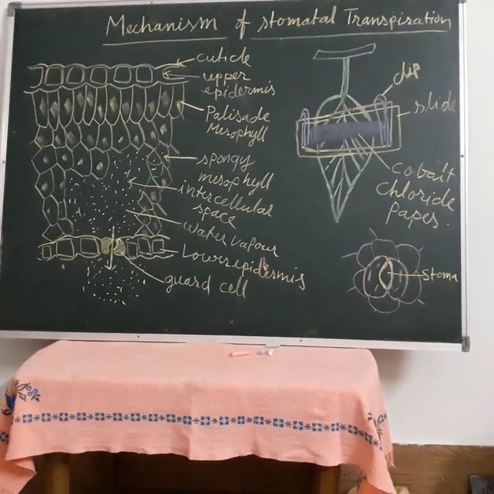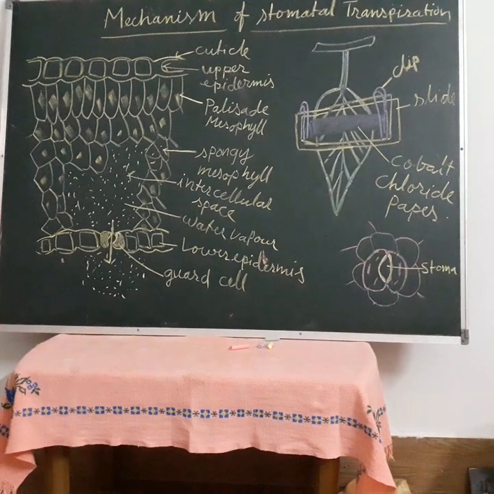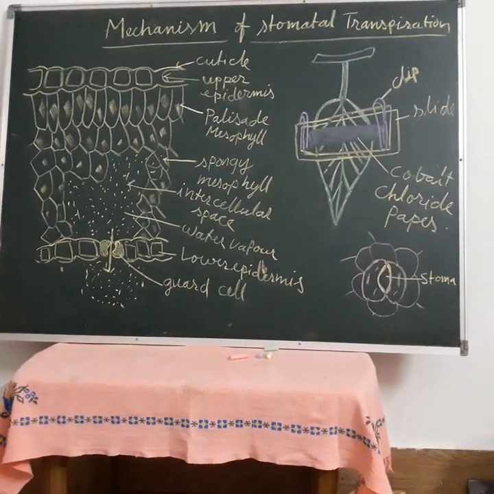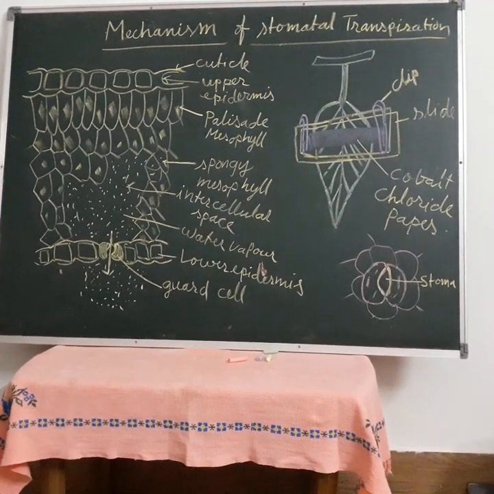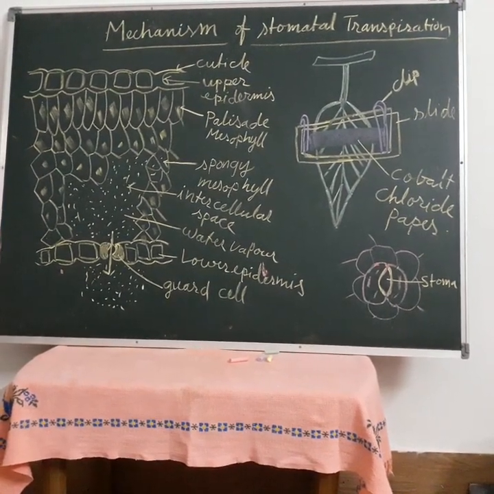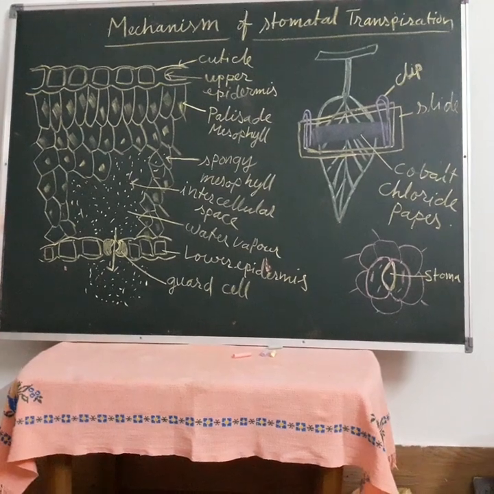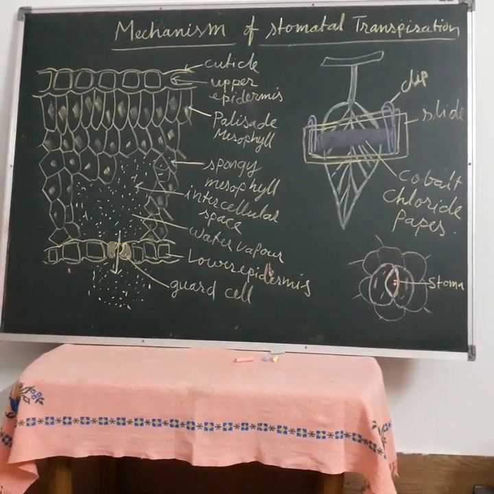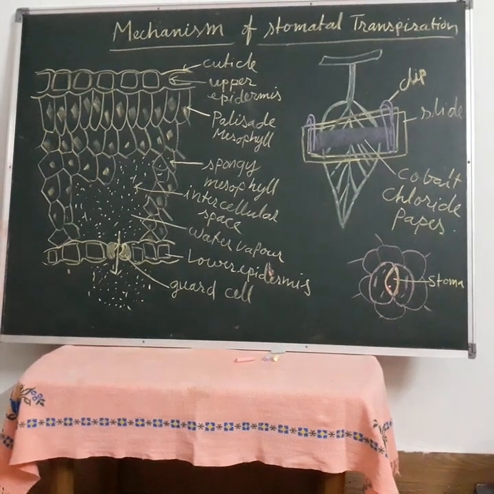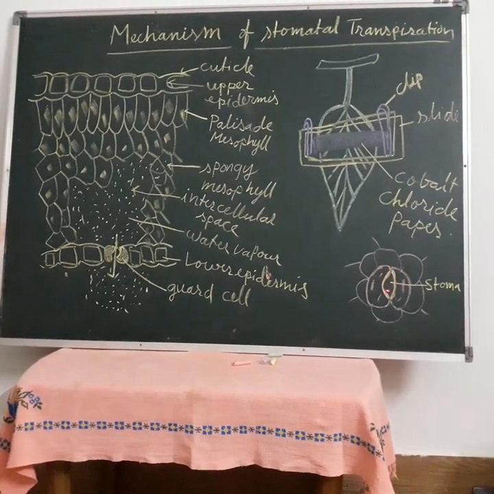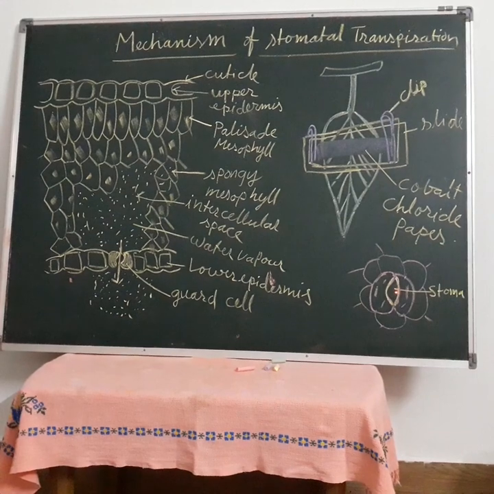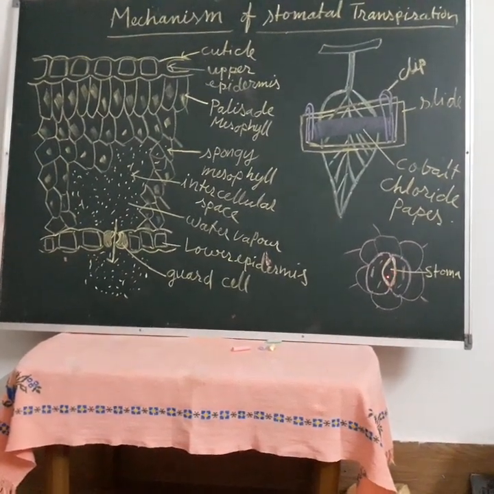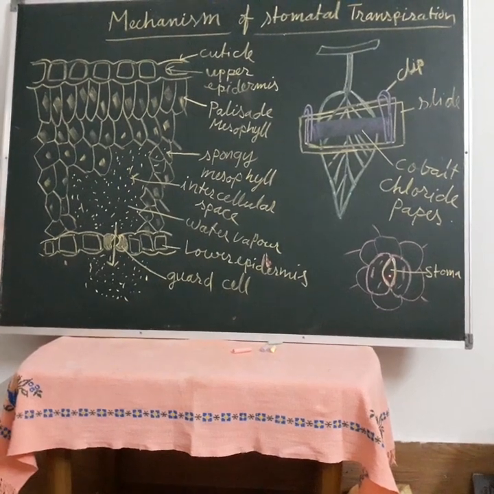Stomatal regulation of transpiration. Stomata are minute openings or minute structures occurring in large numbers on the lower surface of the leaf.